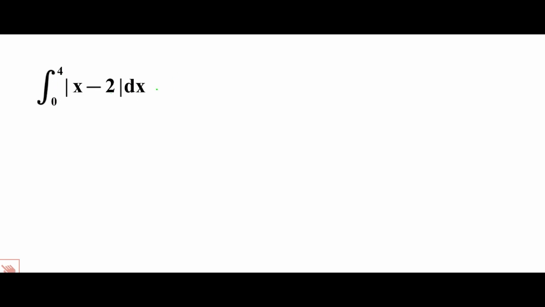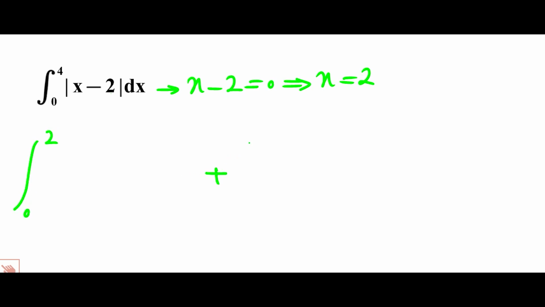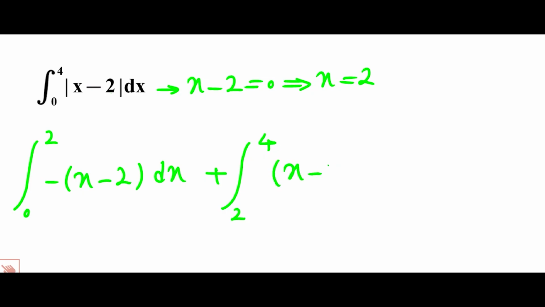4. The expression changes x minus 2 equals 0, so x equals 2. So the integral of from 0 to 2 plus the integral of 2 to 4. If x is between 0 to 2, so the absolute value of x minus 2 is negative x minus 2 dx, and if x is between 2 to 4, so the absolute value of x minus 2 is positive x minus 2 dx, right?